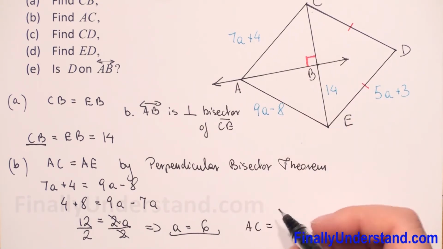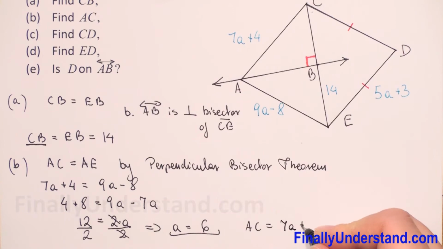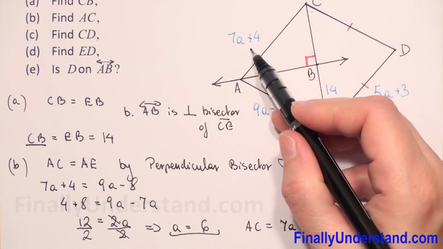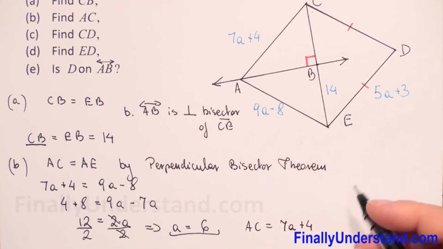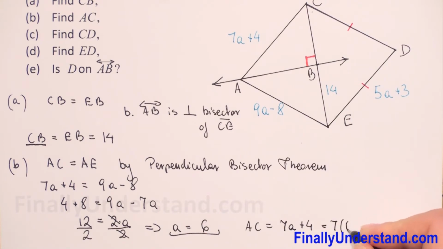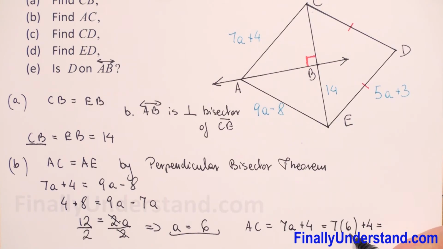AC is given by expression 7a plus 4. Now we can substitute a by 6, so we have 7 times 6 plus 4, so this is equal 7 times 6 is 42 plus 4 is 46. So we found AC.